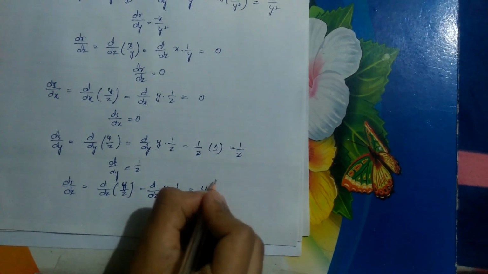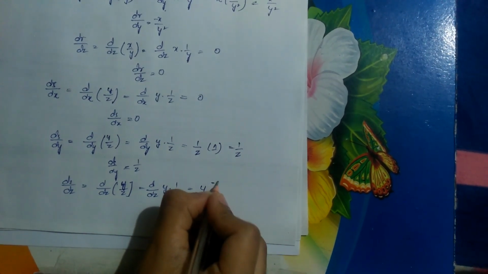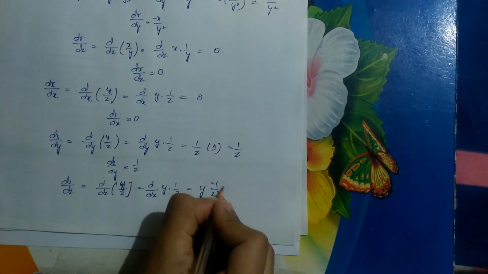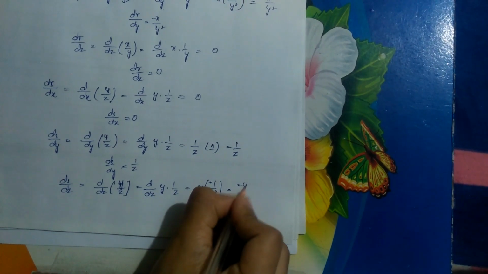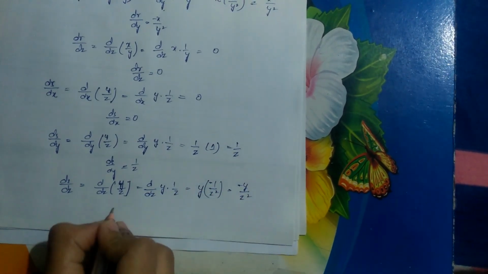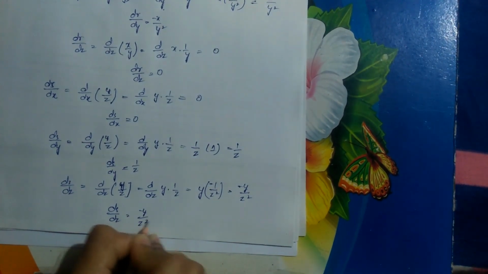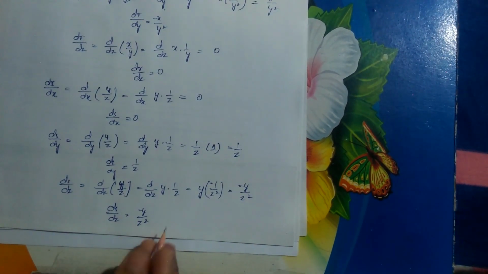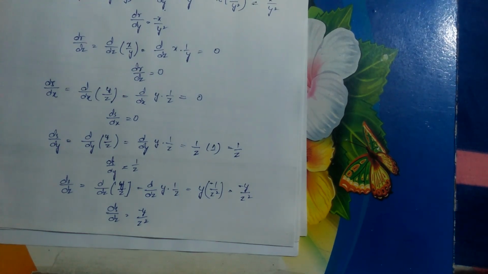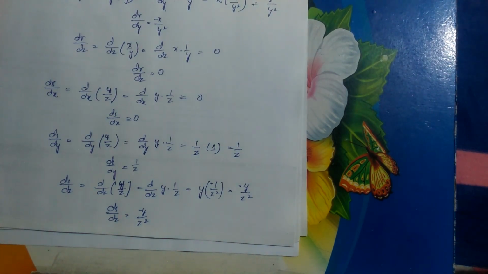Then the differentiation of 1 by z is minus 1 by z square. That equals minus y by z square. Dou s by dou z equals minus y by z square. Now similarly we have to find the derivative of t with respect to x, y and z.